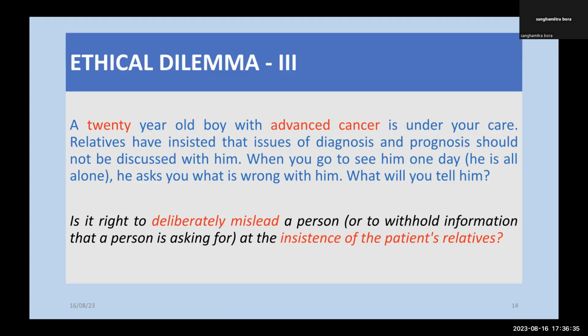Okay. He has all the rights to know about his diagnosis. He has all the rights to know about his prognosis. And having said this, for a parent, a child will always be a child of any age, a son, daughter, whoever it is, will always be a child.